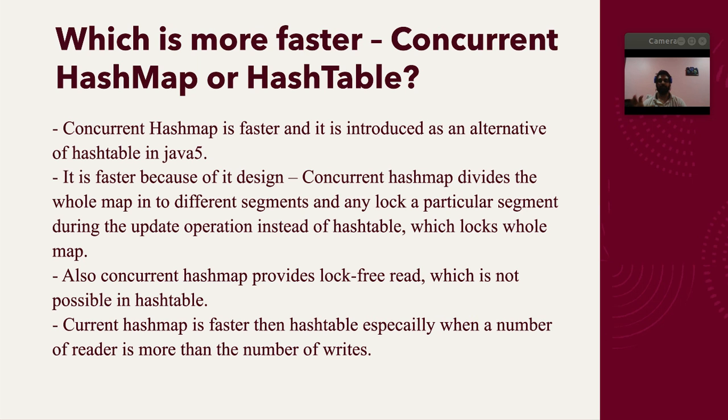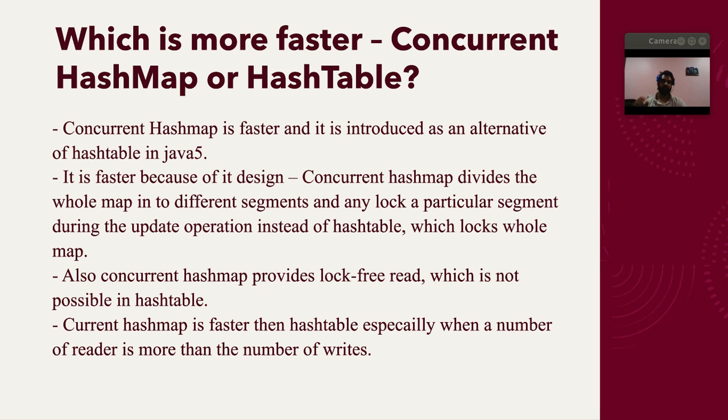Also, ConcurrentHashMap provides lock-free reads. If you're reading from a ConcurrentHashMap, there will not be any lock, which is not possible in a Hashtable. If we have to read there, it will also lock, and only a single thread can read from a Hashtable, but multiple threads can read from a ConcurrentHashMap.